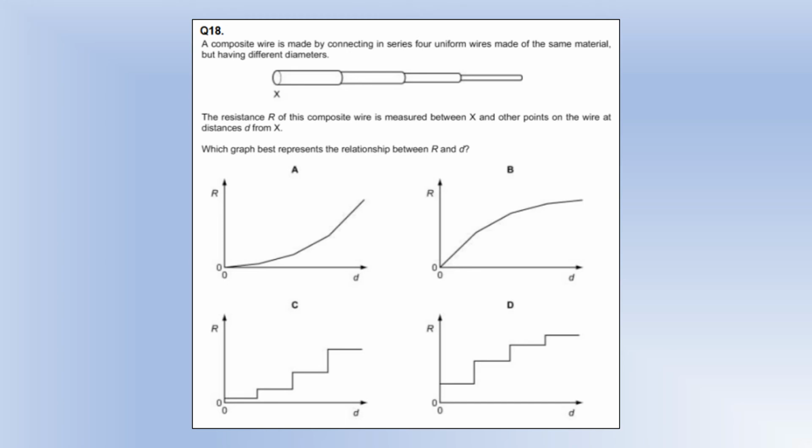So we can already eliminate C and D because they show resistance is constant as we increase the length, and that's just not true. Once we cross over onto the smaller section, each unit length has a bigger resistance because it's got a smaller diameter. So I'd expect an increase in gradient as we change to the thinner one, hence I'm going to pick option A, because we've made it narrower.